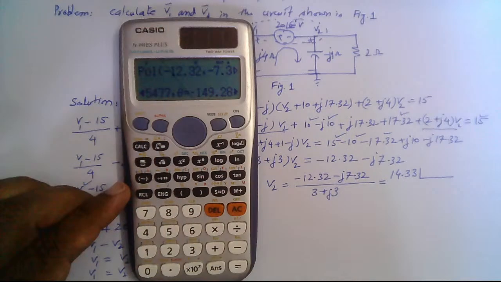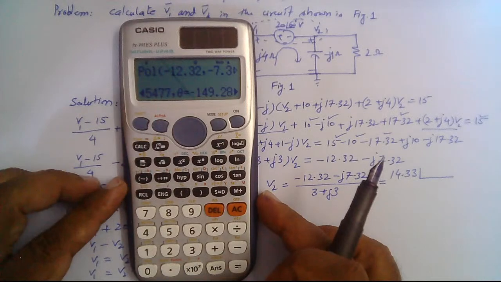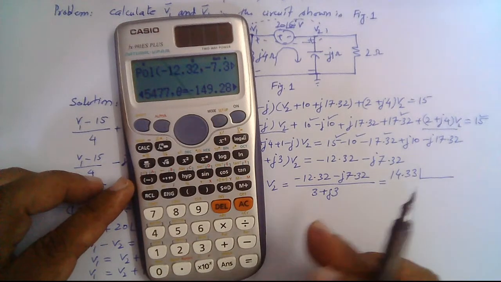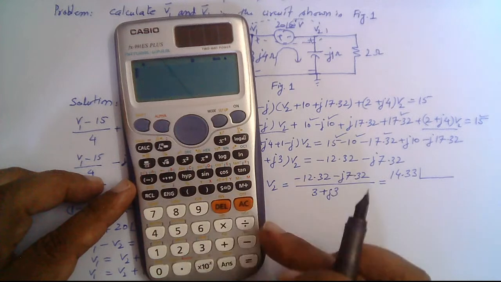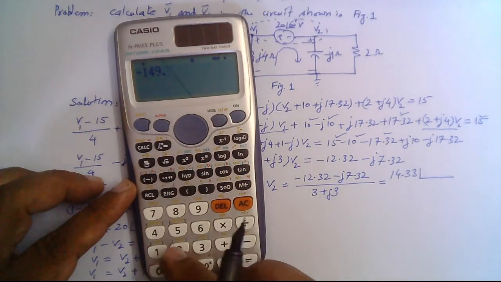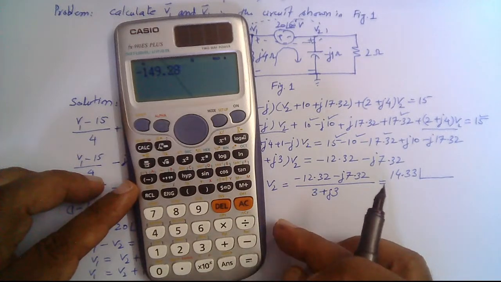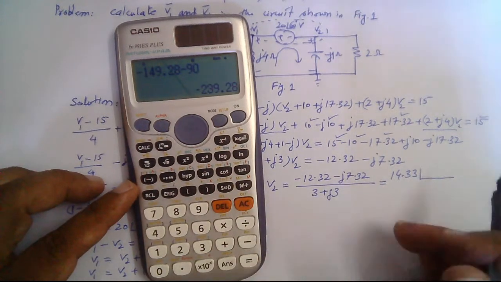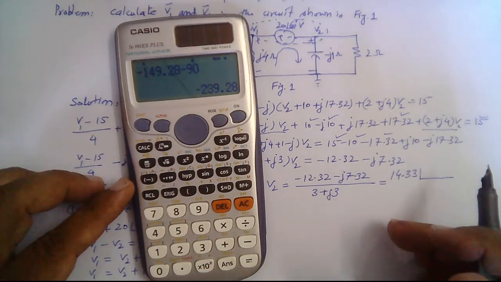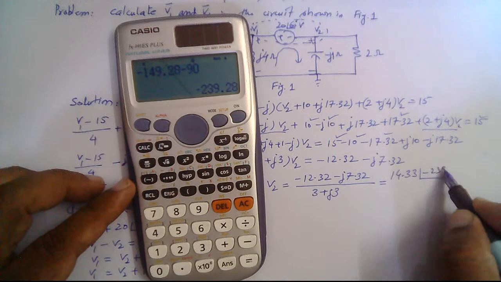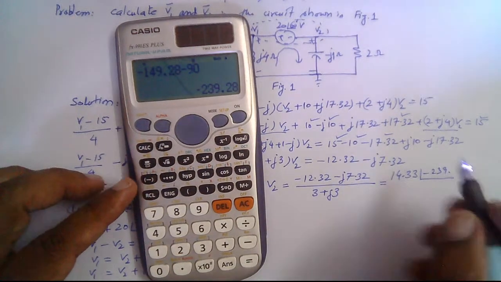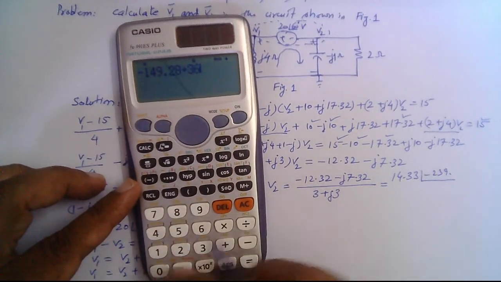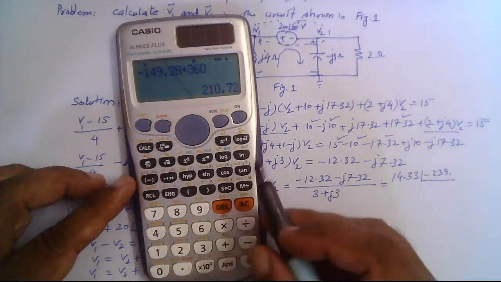So we add 180 here, or basically we could minus 149.28 plus 360, that should be the way to do it.